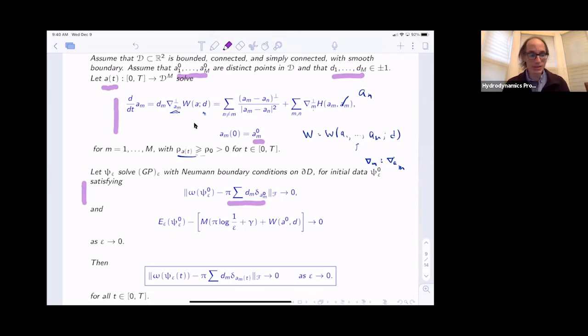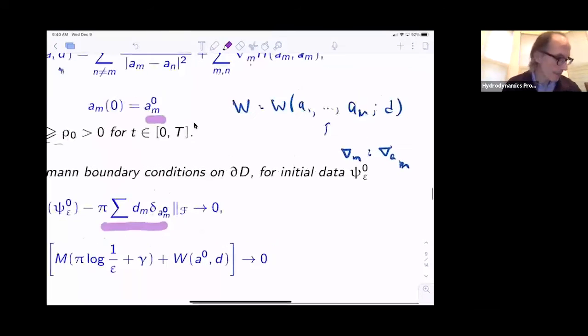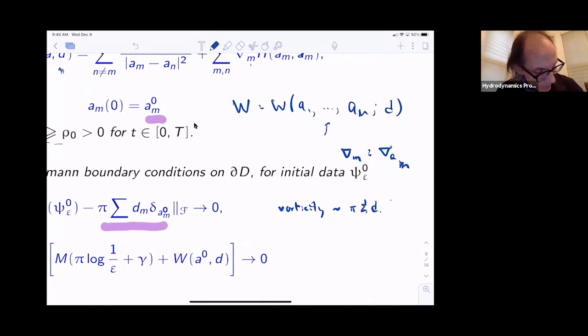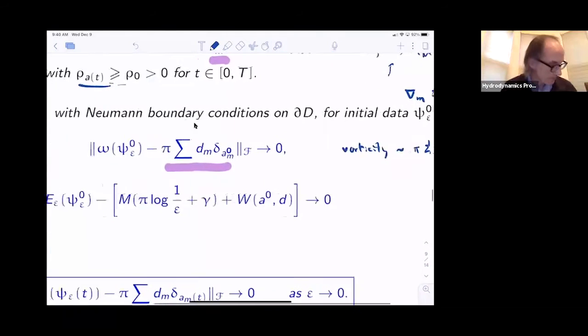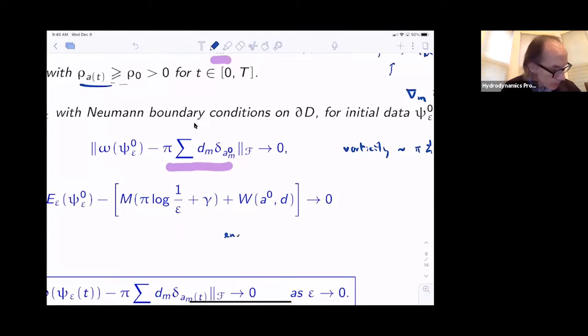And I assume, so the first assumption says this, and the second assumption says that the energy is basically as small as possible.